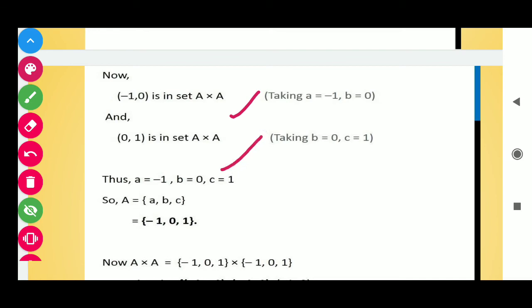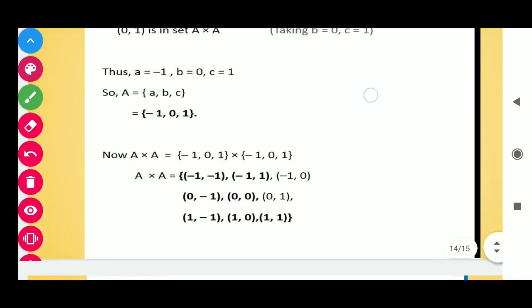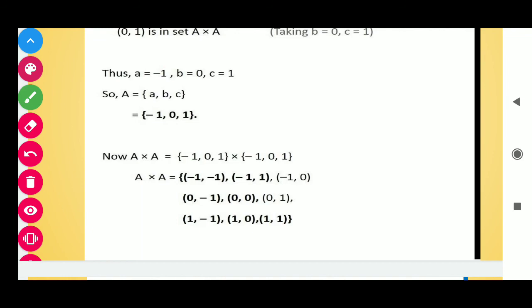So students, in this way we get the A set: -1, 0, 1. Now A cross A is -1, 0, 1 with -1, 0, 1.